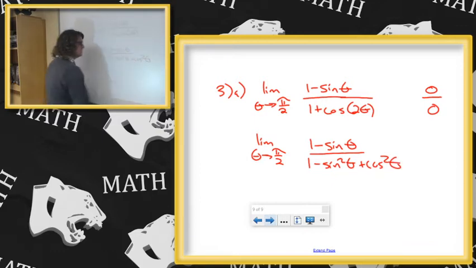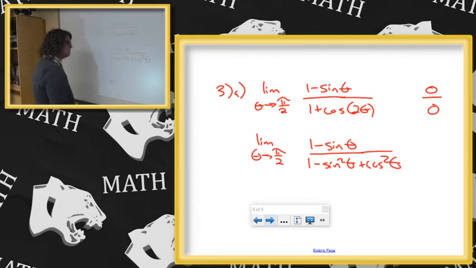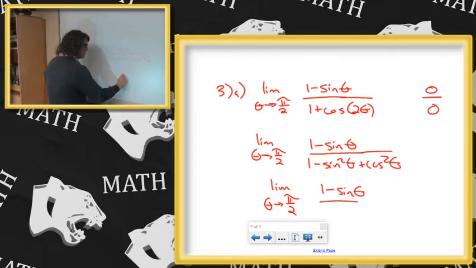Actually, 1 minus sine squared x is cos squared x, and I could have chosen 2 cos squared x minus 1, which is probably the other one I could have chosen, but that's okay. It's going to be the same thing. So I get the limit as theta approaches pi over 2 of 1 minus sine x over cos squared x.